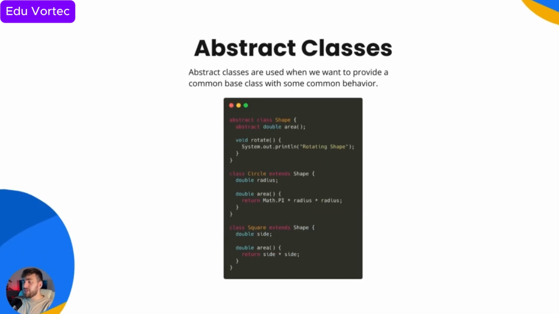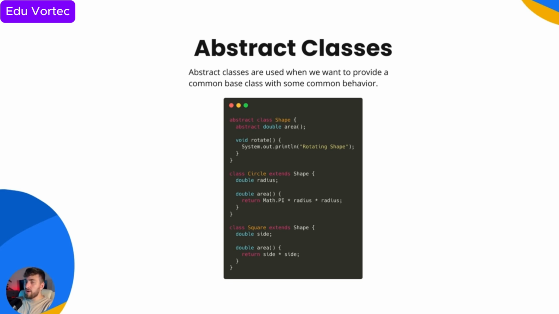On the other hand, abstract classes are used when we want to provide a common base class with some common behavior. For example, let's consider an abstract class Shape, as you can see on the screen. So as you can see, both the Circle and Square classes extend the Shape abstract class and provide their own implementation for the area method.